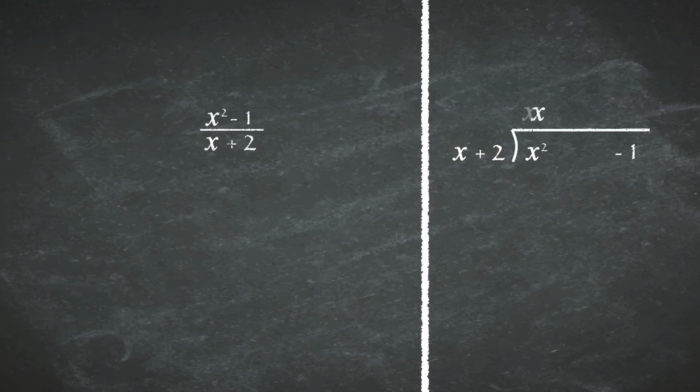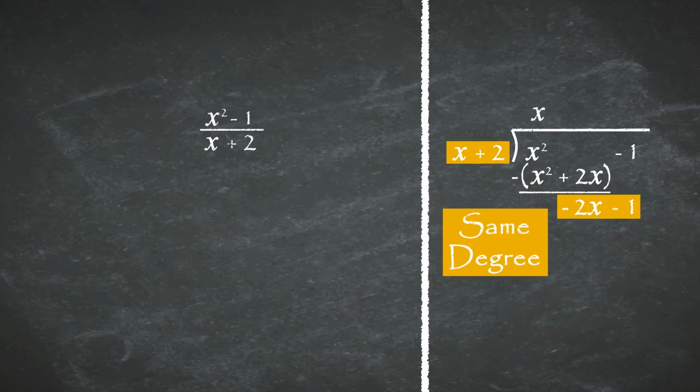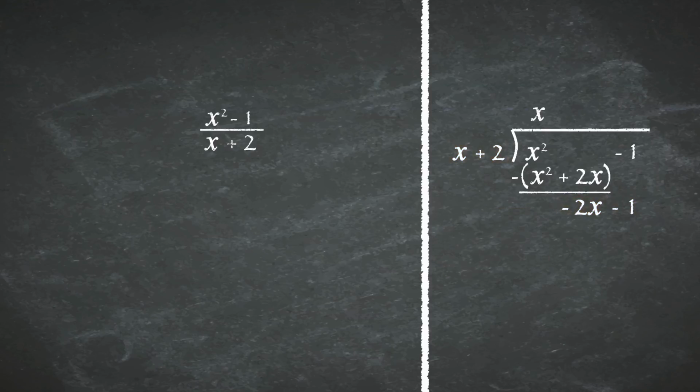Next, multiply x to the divisor to get x squared plus 2x and subtract it from x squared minus 1 to get this. Since negative 2x minus 1 and x plus 2 have the same degree, we continue the long division. Next, divide negative 2x by x.